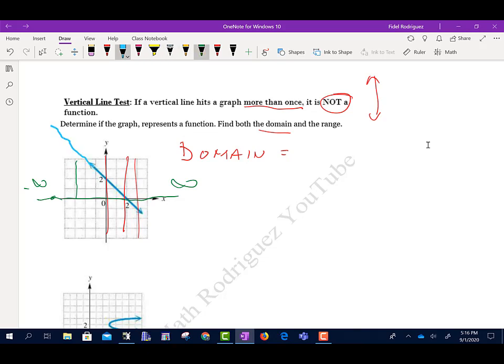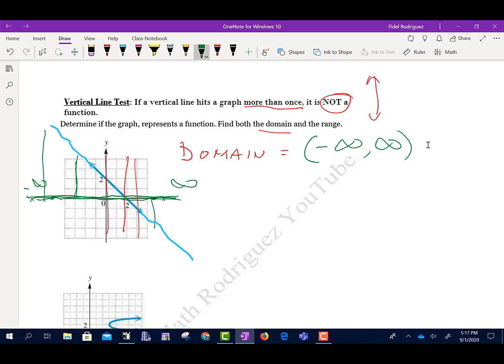So no matter where I would be here, or even down here, I would hit this line because that line really goes forever. So since I can do that for any number on this x-axis, my domain would be from negative infinity to infinity. Any number that I pick along here, okay?